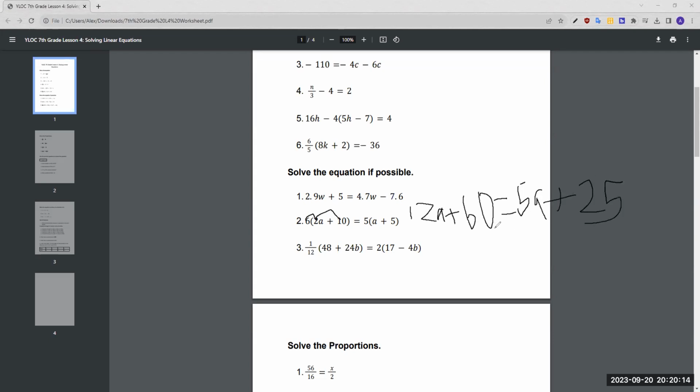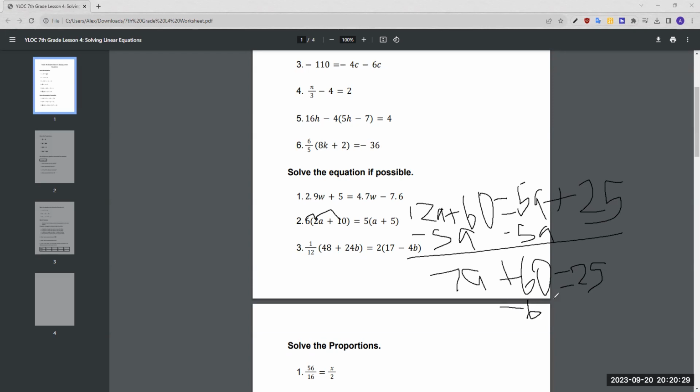Now, once we collect like terms, we have to subtract the 5a. It'd give us 7a plus 60 equals 25. And now we're going to subtract 60 from both sides. And that gives us 7a equals negative 35.